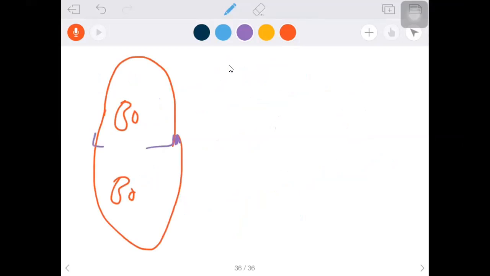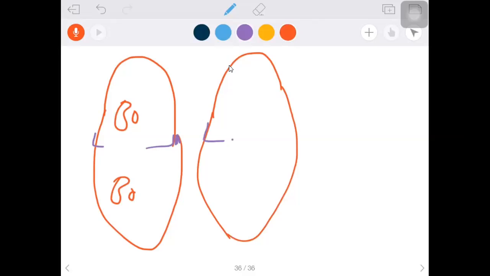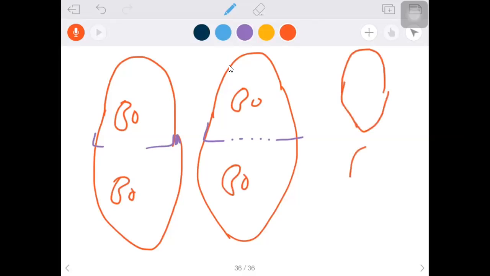A transverse constriction appears. The transverse constriction will continue like this, and that results in the formation of two daughter individuals.